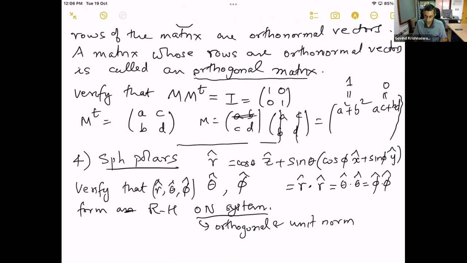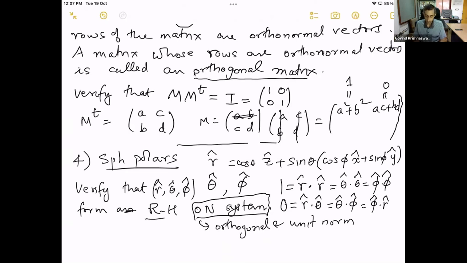Similarly, we need to check that the dot products of distinct vectors, namely r hat dot theta hat, theta hat dot phi hat, and phi hat dot r hat, are all 0. So you have to check these 6 conditions to show that it's an orthonormal system.